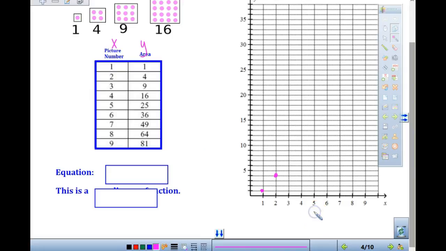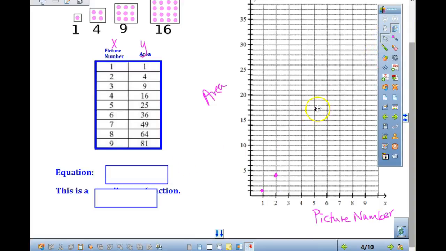So this is the picture number. And on the side, my y-axis, is really the area. When you start graphing that, and so now we're going to go to 3, it's up at 9, and 4 is 16. Does it look like it is a function?